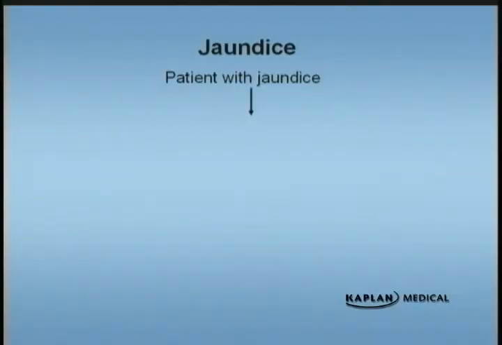We're going to cut away from my face and go to where it's on the screen. A patient presents with jaundice. I want you to first look at the labs.